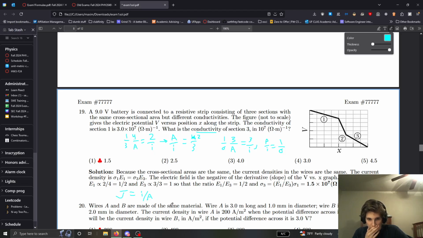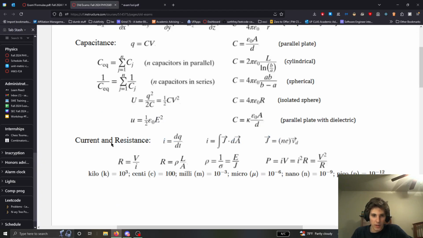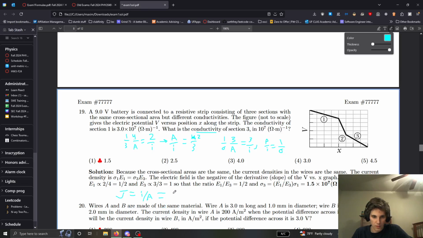So we have that, we have that. Man, I'm losing my brain cells right now. But we don't have current, right? However, we can solve for current. Current is V over R. So we get V over RA.